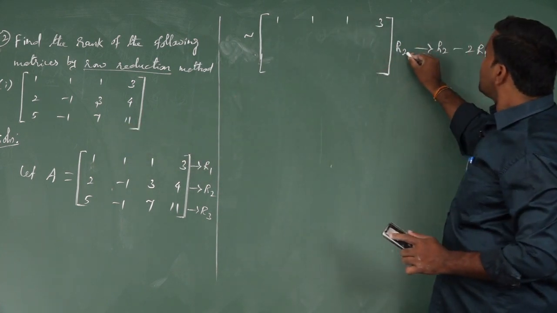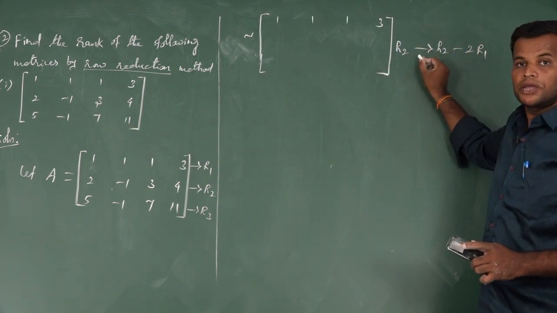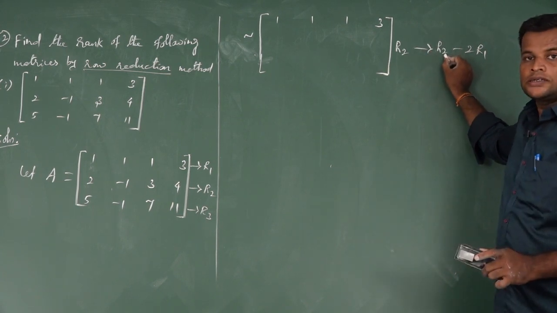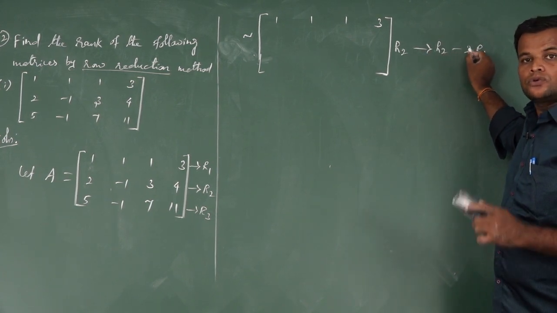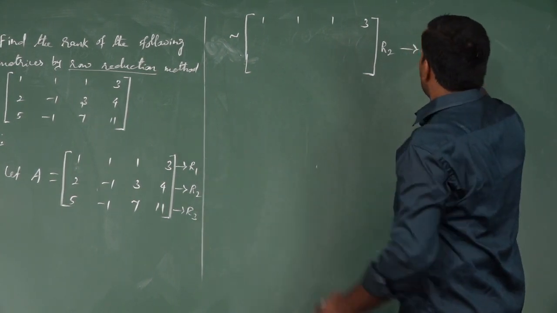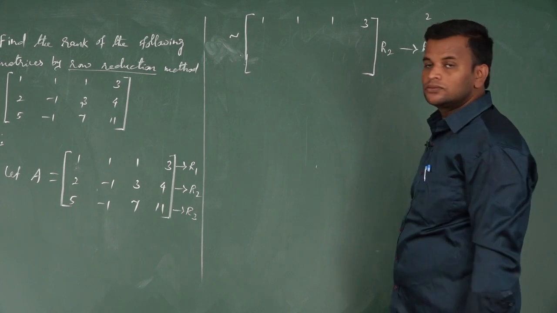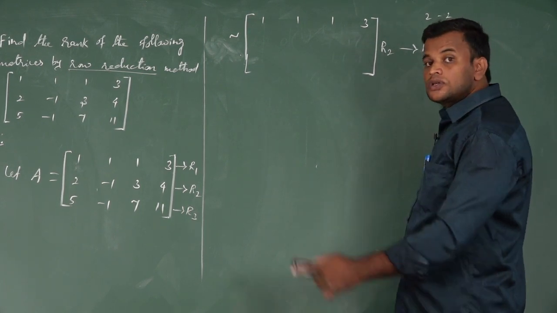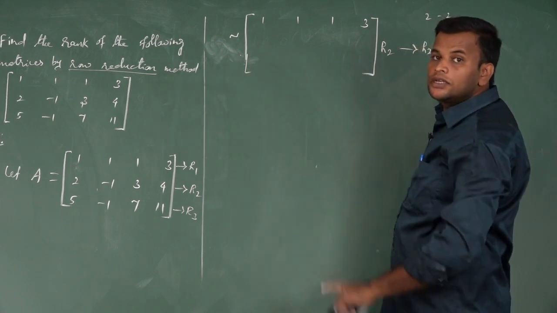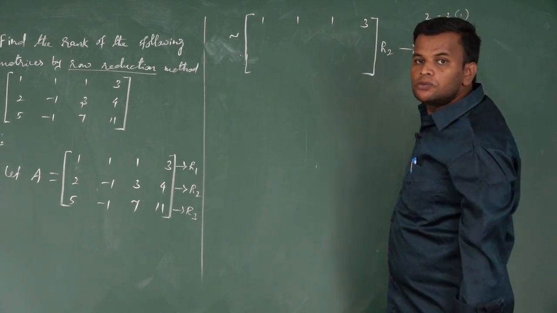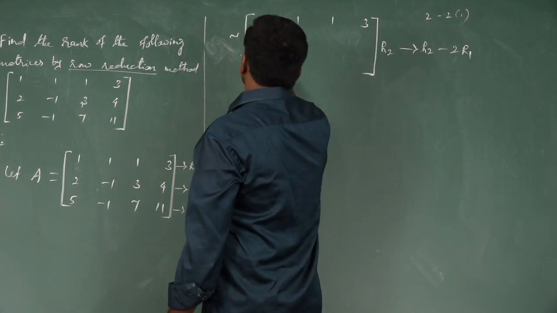That's why I write R2 as, the second row becomes second row fully minus 2 times R1. I write second row first element 2 minus 2 times the corresponding element in R1, which is 1. 2 minus 2 becomes 0.